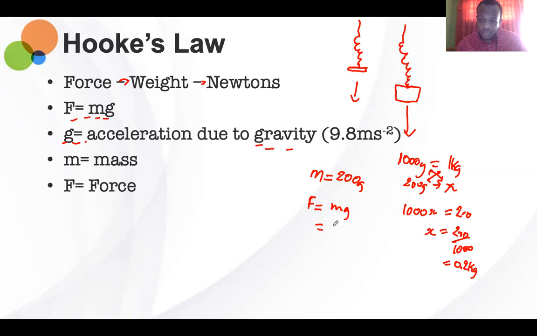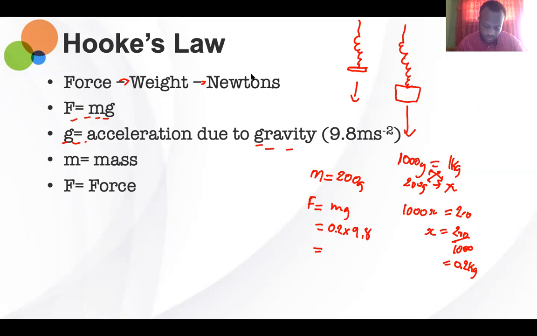All right, so 0.2 kilograms times our gravity. What is gravity? 9.8. So what is our final working out now? What do we get? You must use a calculator. 1.96. How much you got? 1.96.